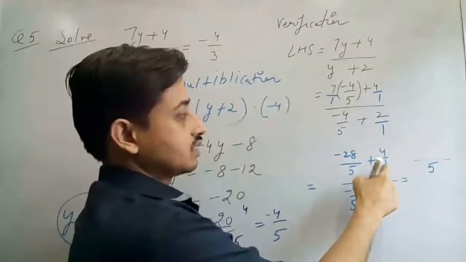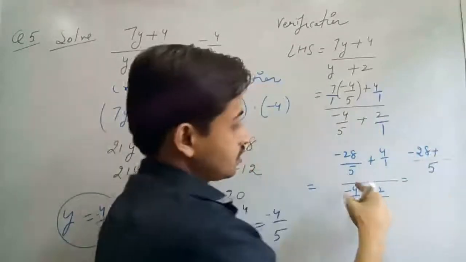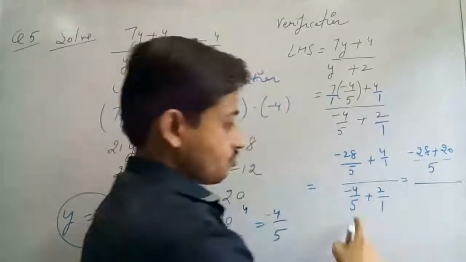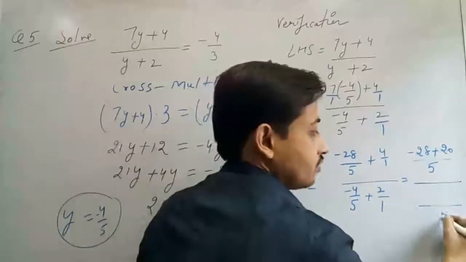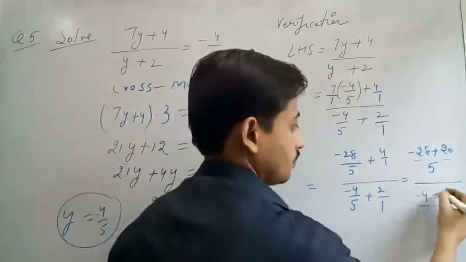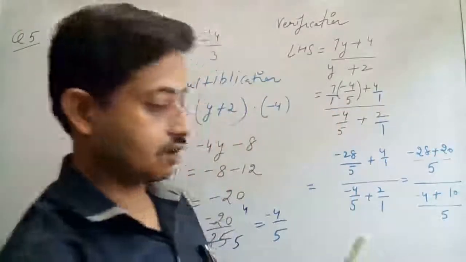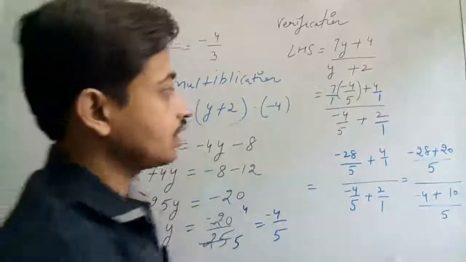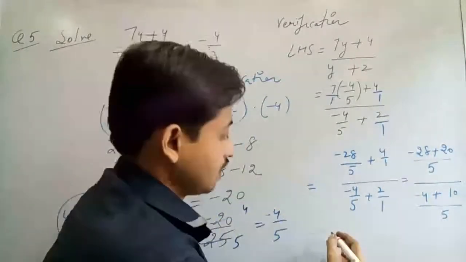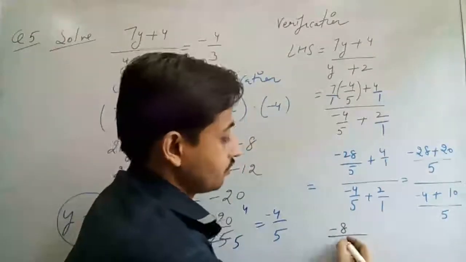Now cross multiplication: 1 into minus 28, we get minus 28, plus 5 into 4, we get 20. Same here, 5 into 1, we get 5. Now 1 into minus 4, we get minus 4, plus 5 into 2, we get 10. Now solve further. Minus 28 plus 20, we get minus 8. I am writing here minus 8 divided by 5.